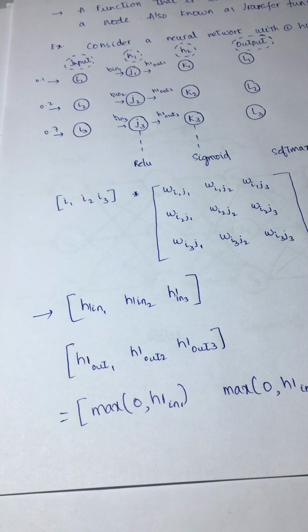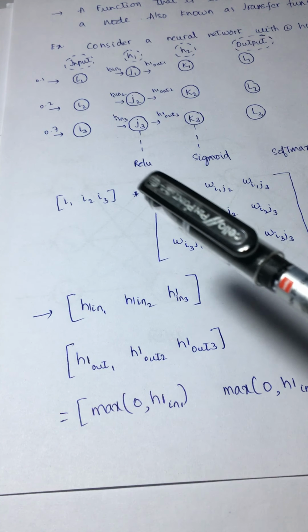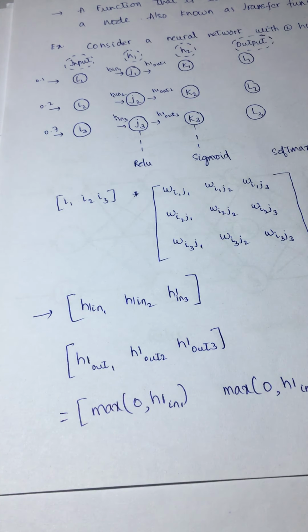There are different types of activation functions which we will learn in the next few sessions, but this is what happens. You take the input from the cross product and addition of bias, and pass it through your activation function to end up with the final value. So this is what activation functions are.